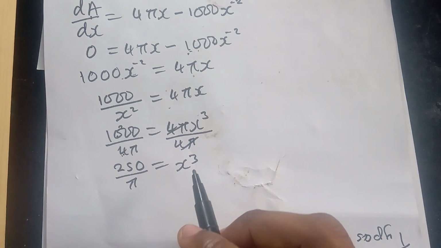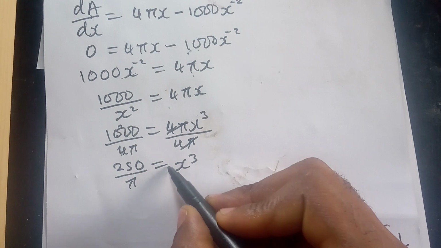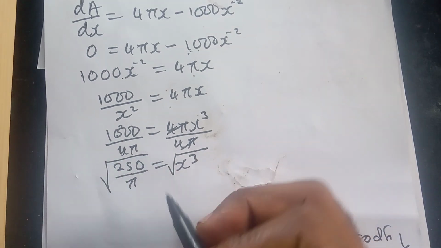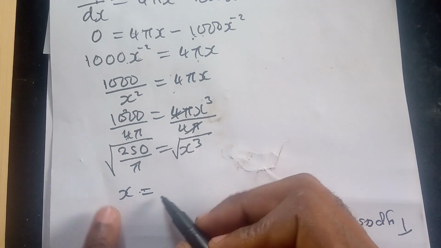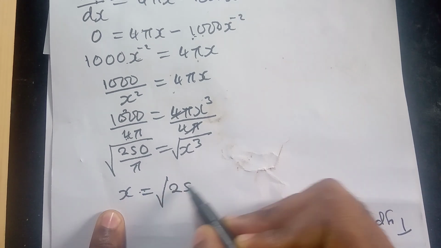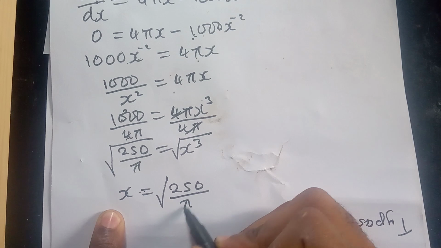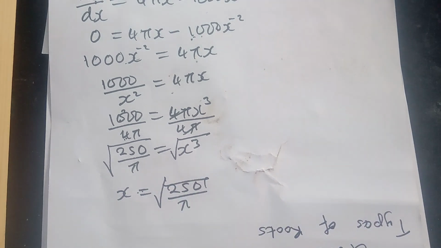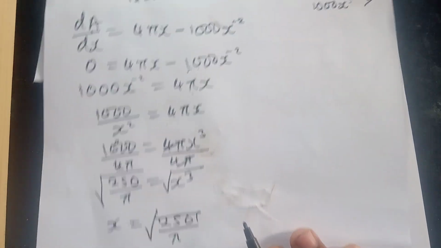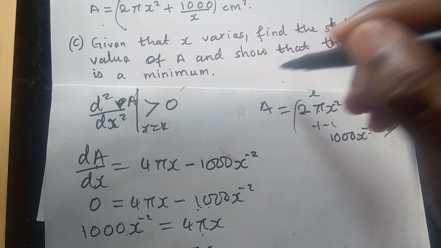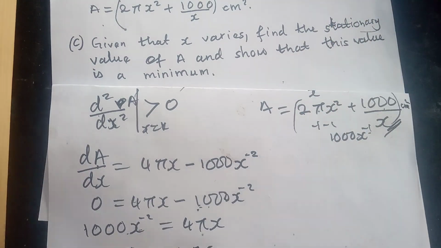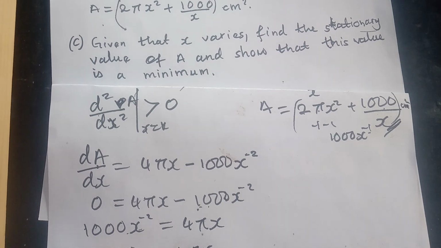So now to find the value of x, you can simply find the cube root of that number. You can leave it like this, or you can get an estimated value from your calculator, and then hence show that this is a minimum. Show that this is a minimum.